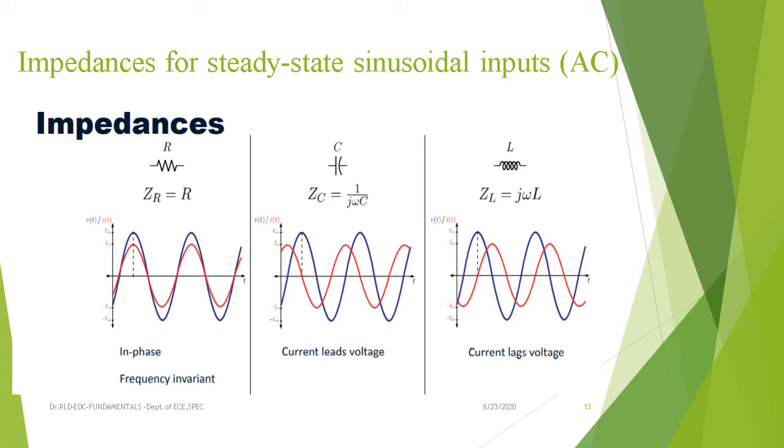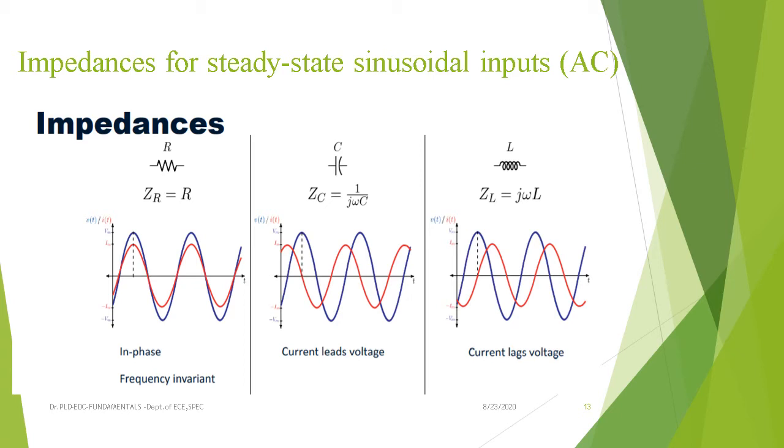Now, in what way does the phase difference appear between the voltage and current in the case of a resistor, that is, the current flowing through the resistor and the voltage drop across the resistor? Let us observe these waveforms here. This is voltage with respect to time as well as current with respect to time plotted on a single graph.